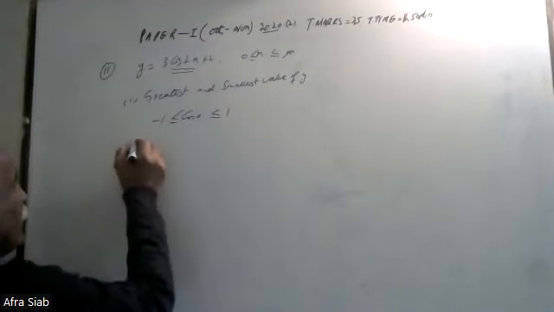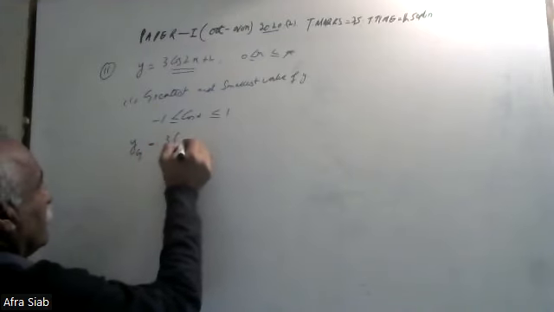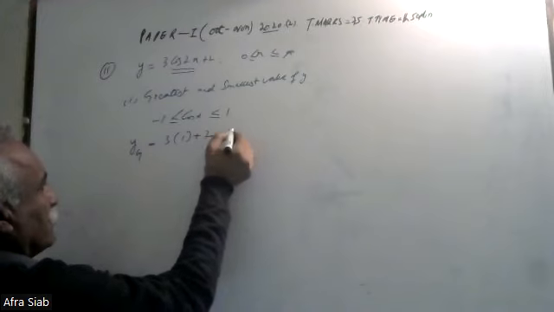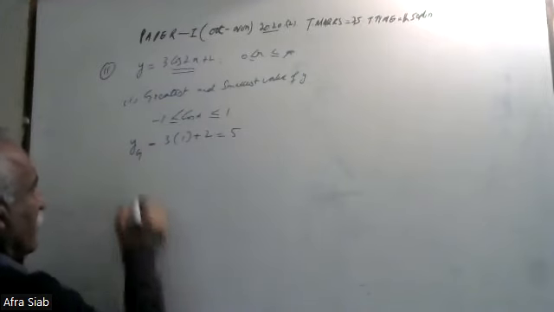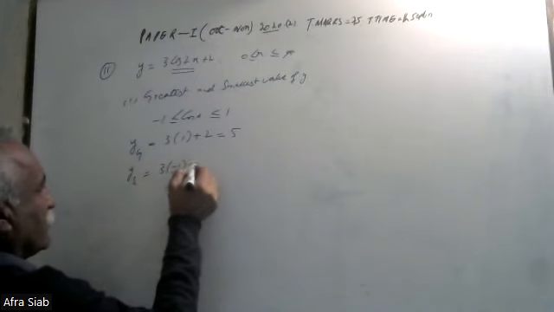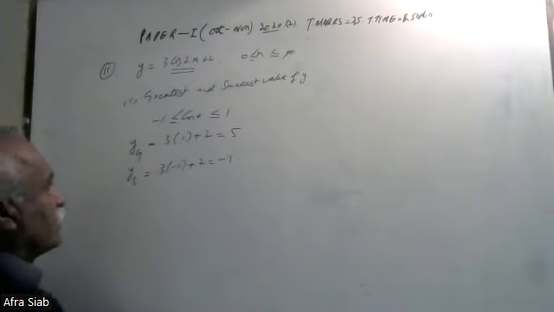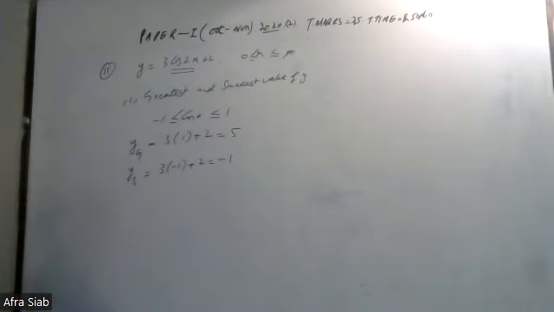So to find the greatest value of y, that is equal to 3 into 1 plus 2, which is 5. And for the smallest value of y, 3 into −1 plus 2, that is equal to −3 plus 2, which is −1. So these are the greatest and the smallest values of y within the range of 0 to pi.